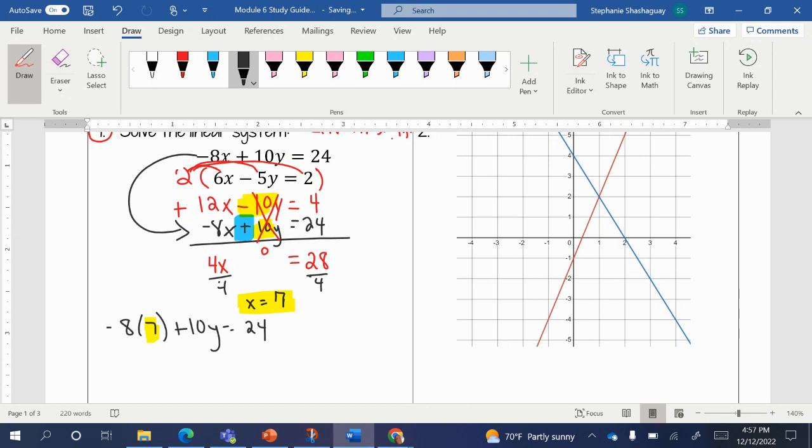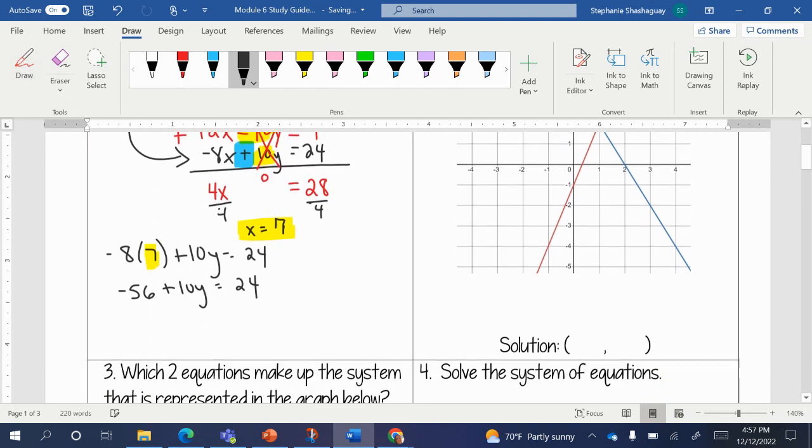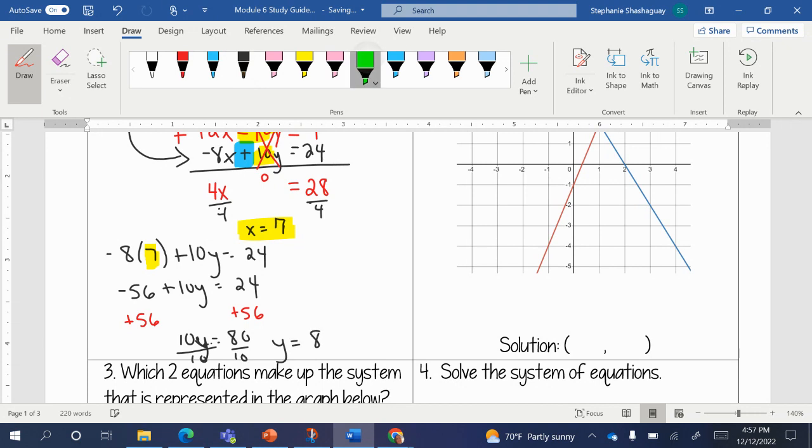Negative 8 times 7 is negative 56, plus 10y is equal to 24. Now I need to get all of my constants to one side, so I'm going to add 56 to both sides, and I get 10y is equal to 80. Then I divide by 10 and divide by 10, so y is equal to 8.